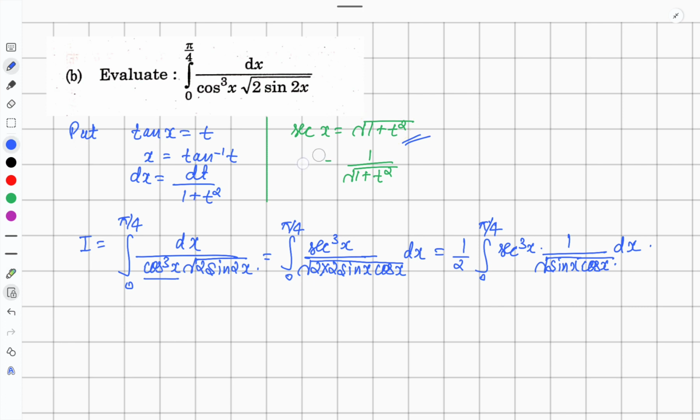So secant cube x is equal to 1 plus t square raised to power 3 by 2. And then we need cos x for this. So cos x is 1 by root of 1 plus t square.